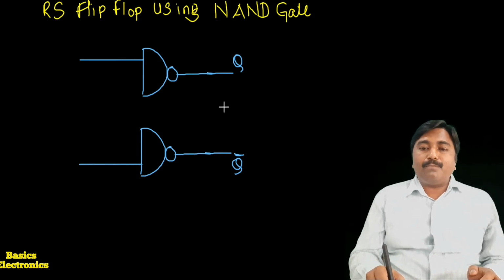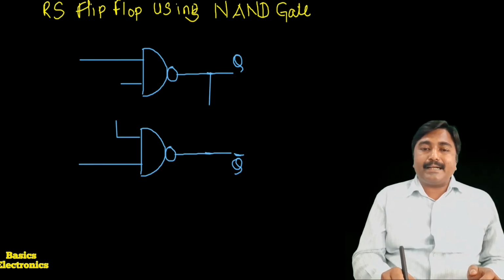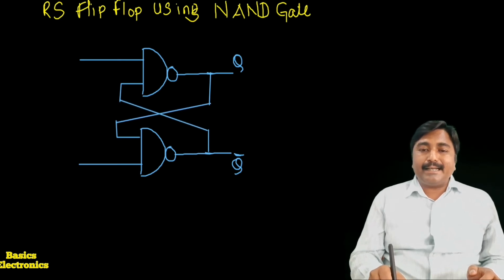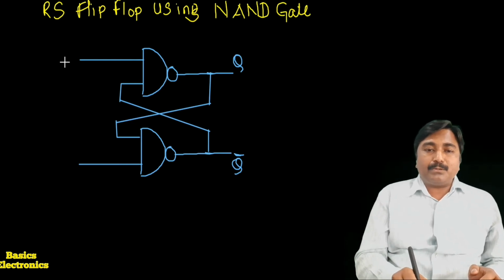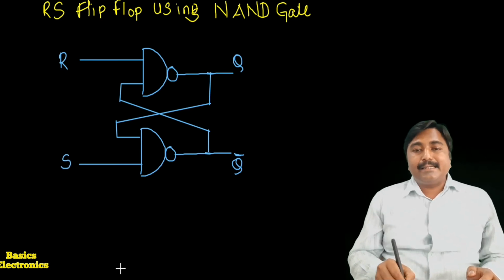The output of the first NAND gate is applied as an input to the second NAND gate, and the output of the second NAND gate is applied as an input to the first NAND gate, along with the actual inputs, R and S.